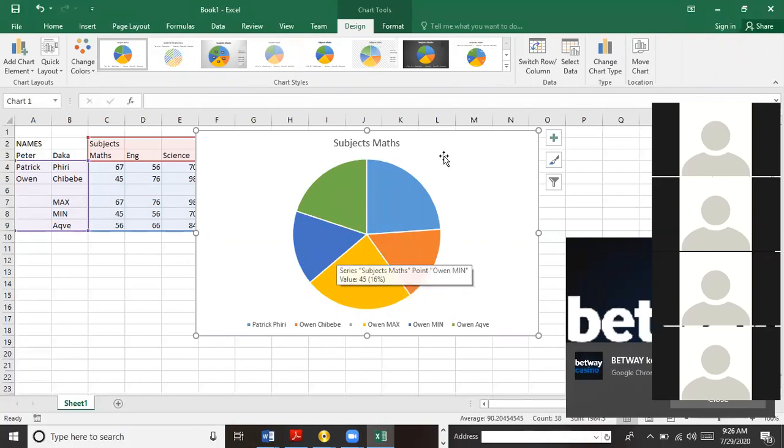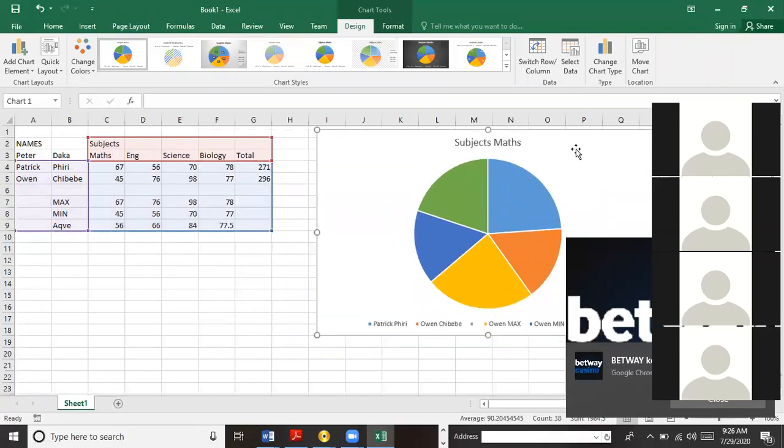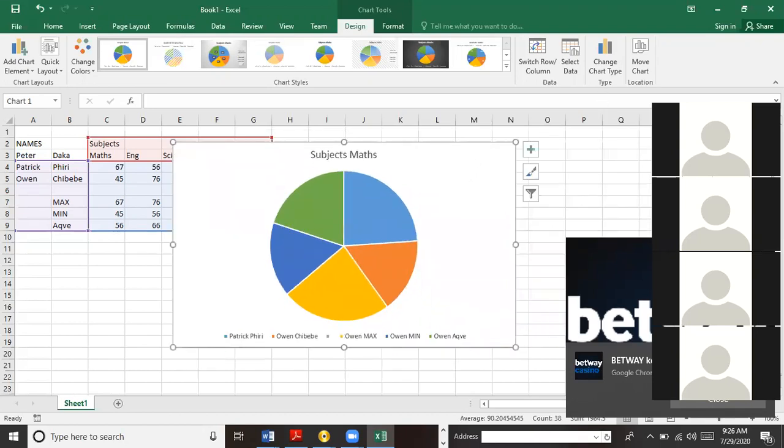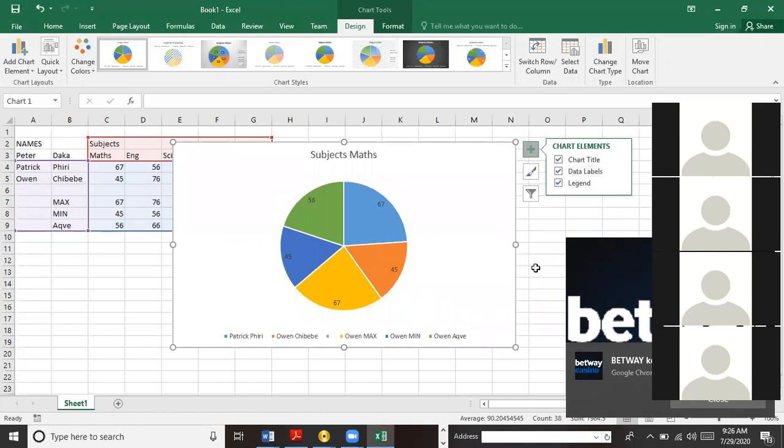So when you look at this chart, you can tell that this Patrick had so many marks, but you can do a pie chart in the sense that we include the data labels. This is right. Have you seen? Yes. Yeah, 67, 45, just like that.